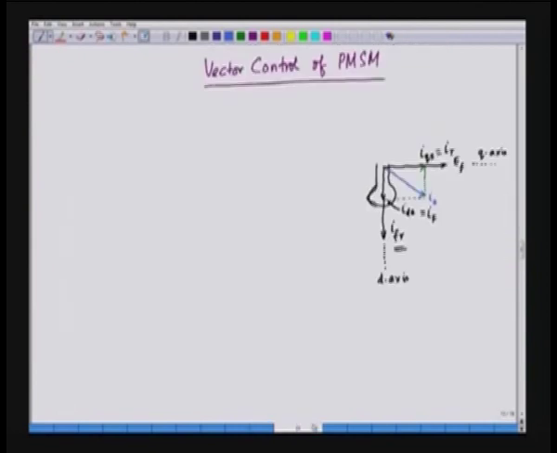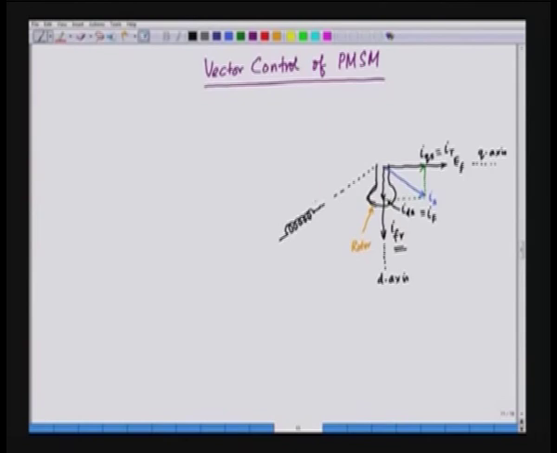Now, if we see here, this is the rotor, and the rotor is moving. This is the physical phase A axis. The actual windings of the motor are like this.